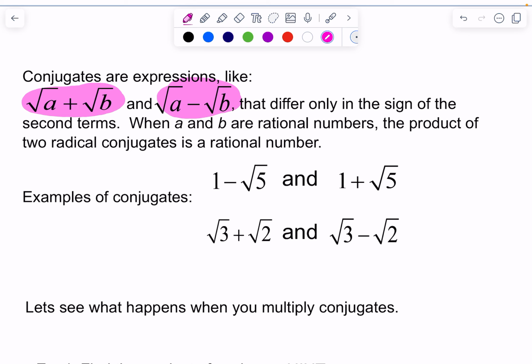Whenever I have radical polynomials, all I need to do is change the sign in the middle to make conjugates. So for example, 1 minus the square root of 5 and 1 plus the square root of 5 are conjugates. 3 plus the square root of 2 and 3 minus the square root of 2 are conjugates. You simply change the sign of the second term to make a conjugate. Okay?